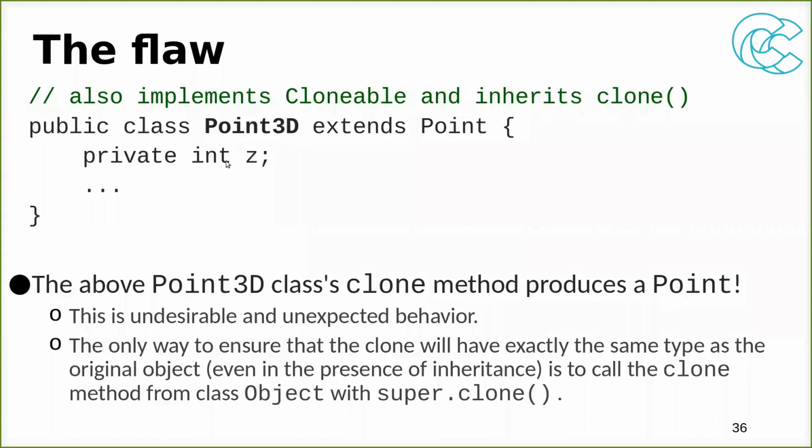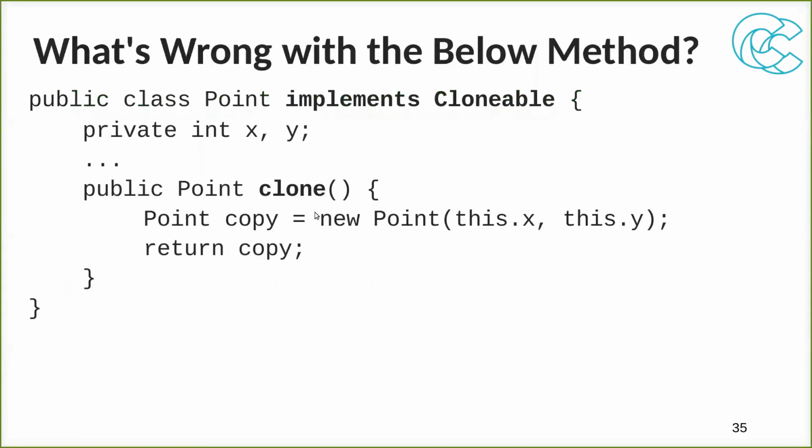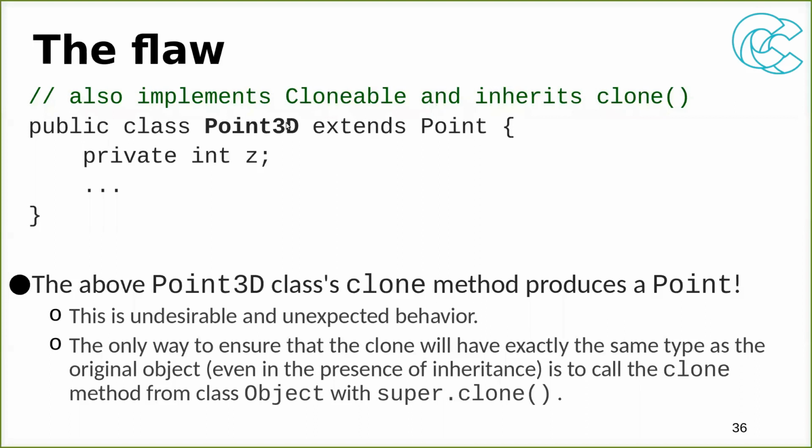But the additional instance variable that you have here is a Z, apart from X and Y. Since you inherited from Point, you are also inheriting the clone method that you defined here. So now Point3D also has a clone method, which it inherits from Point. And if you invoke clone on Point3D, it will return a Point and not a Point3D, which is not what you wanted.